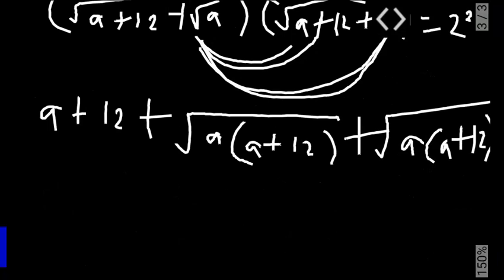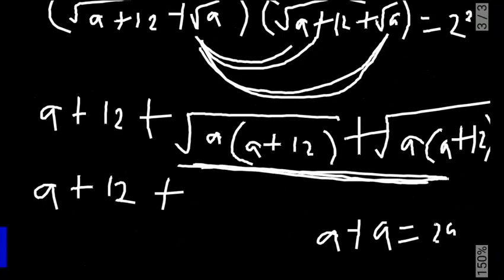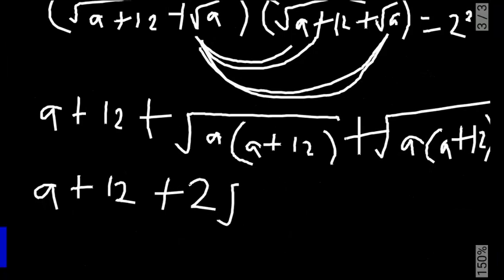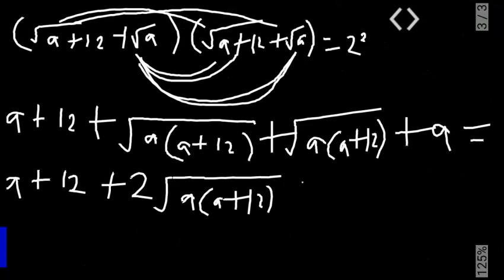So when we simplify this, we have a plus 12 plus this. A plus a is 2a. This plus this is 2 this, since they are the same value, so we just add them together. We have 2a plus 12, then plus a equal to 4.